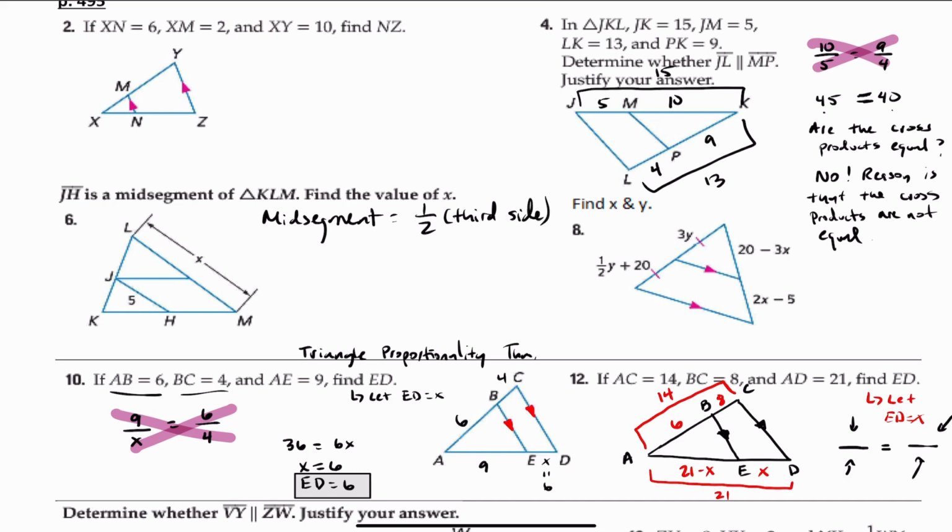So if you know that JH is the mid-segment, then how long is this? How long is the measure of LM? Okay, so that means that, well, if this is 5, then how long is this side? Plug it into the formula here, and you're going to be able to find how long the measure of LM is. Okay.